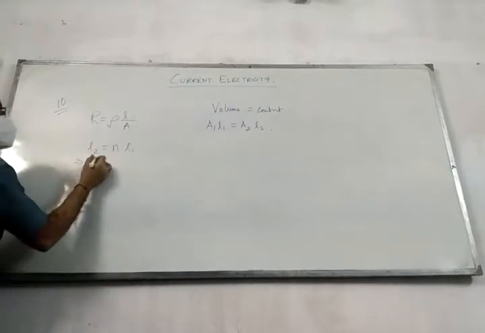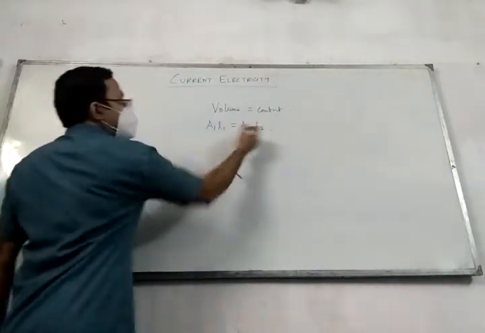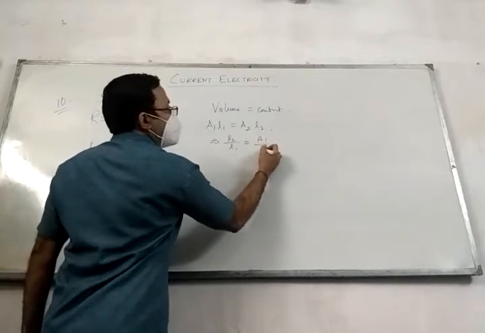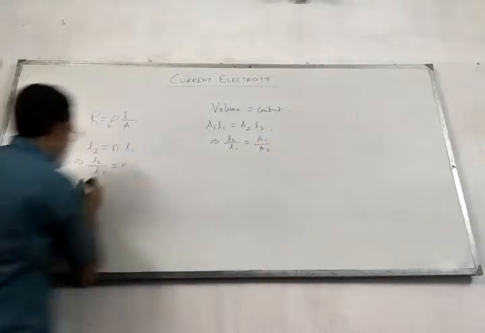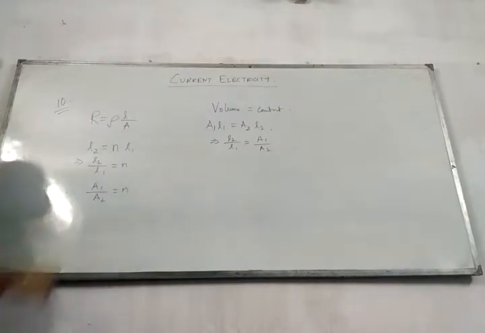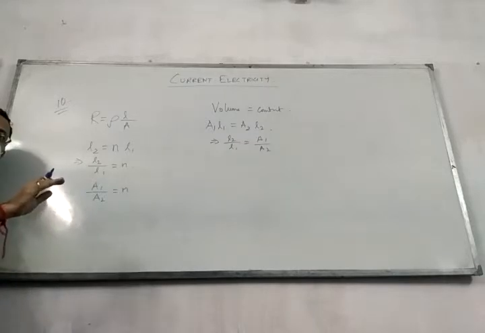Then L2 by L1 is equal to how much? और यहाँ से हम लोगों को क्या मिल रहा है? L2 by L1 is equal to A1 by A2. तो क्या हम बोल सकते हैं कि therefore A1 by A2 is also n? हाँ ना?